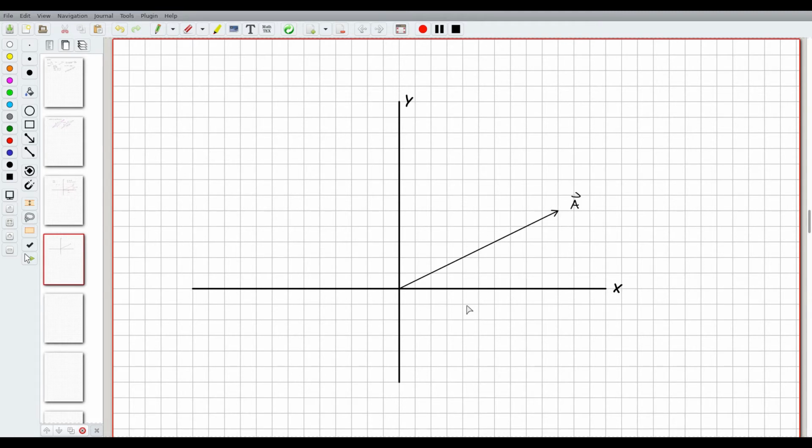For example, its x part, we call that the x component, and its y part. Now, we can also talk about the angle that it makes with respect to the x-axis. And in physics, much like mathematics, the axis that we use for reference most of the time is x with respect to angles.